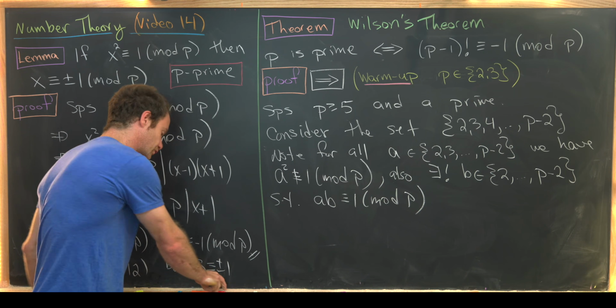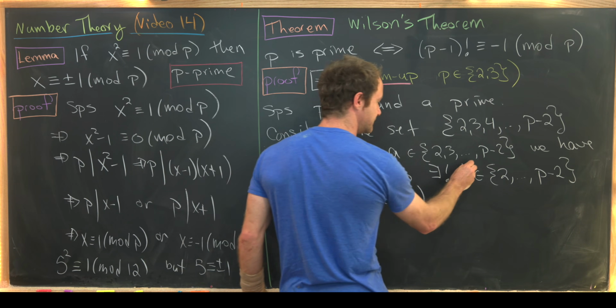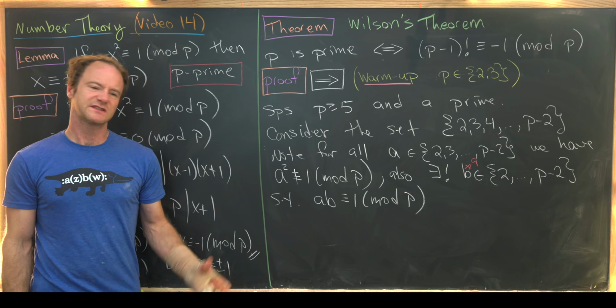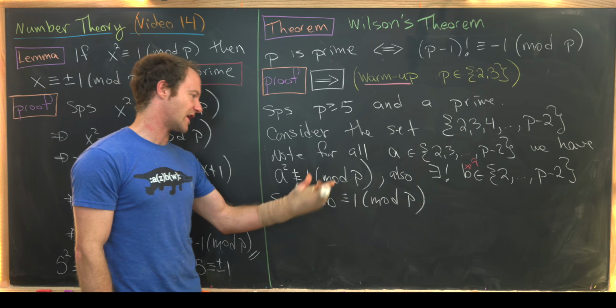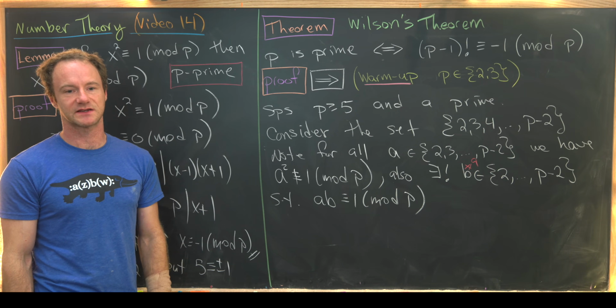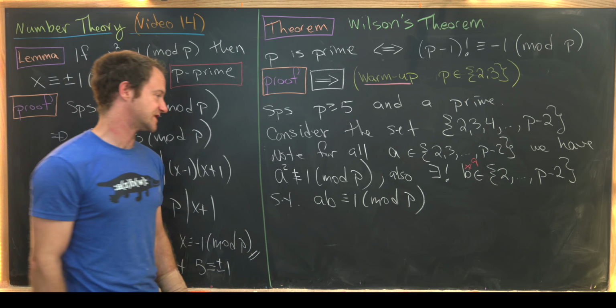And to really point this out, we mean that this b is not equal to a. Because if it were equal to a, then we would really have a squared congruent to 1 mod p, but we just said that we do not have that. Okay, now we're ready to finish this thing off.